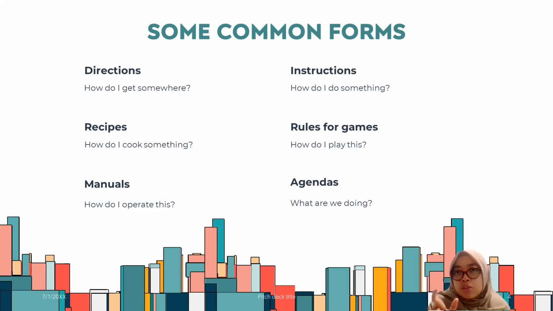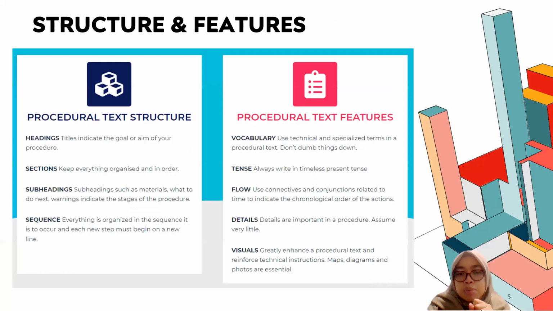So you have to put those kinds of conjunctions. Or maybe rules for games, like when you find a certain type of card, you have to stop, and then you have to buy another, or open another card or some sort of thing. So that's the function of using connectives and conjunctions.